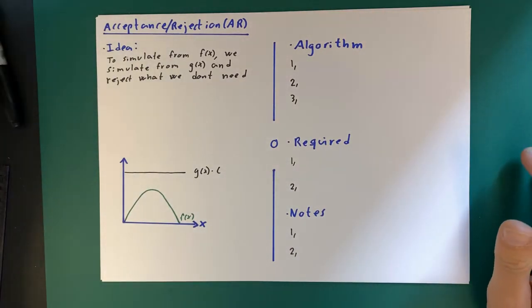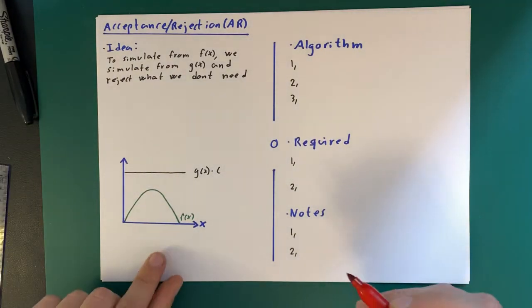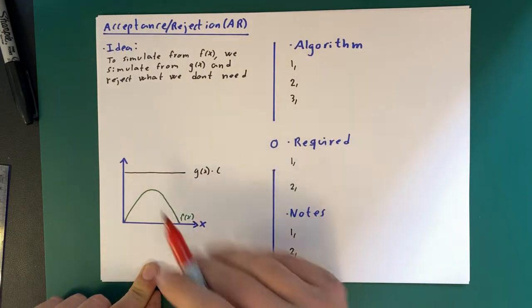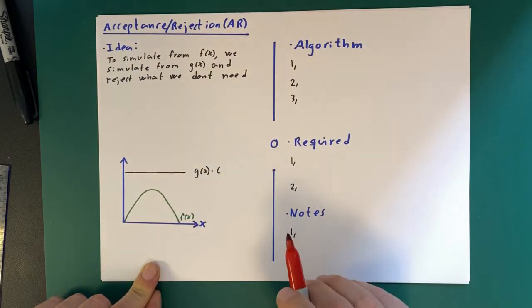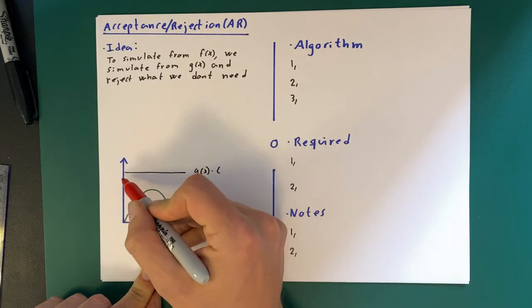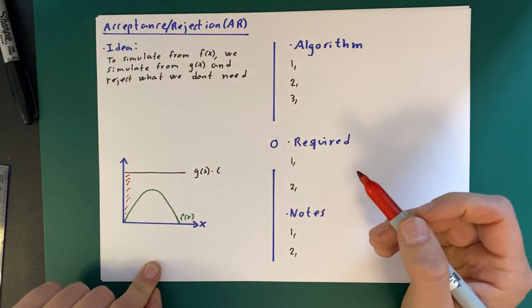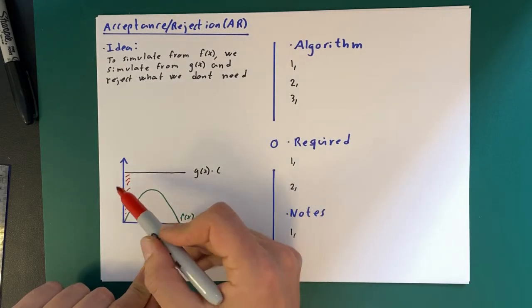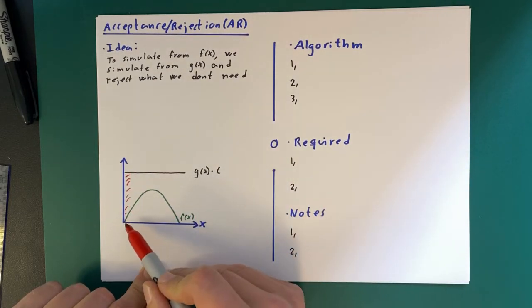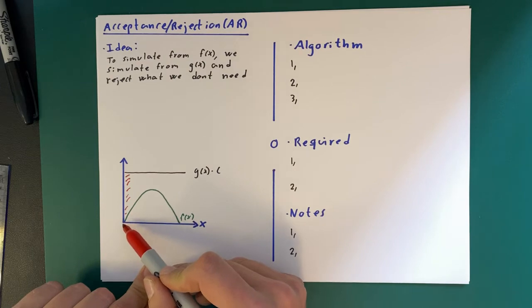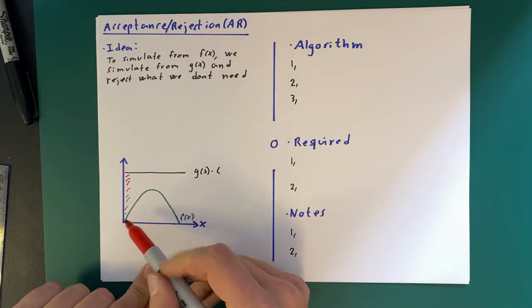What we'll then do is that we'll realize that we need to adjust when simulating from this uniform distribution a bit. Specifically over here, we'll have to throw away a lot of our samples so that fewer of them survive, because f of x has a tendency to generate fewer samples here.